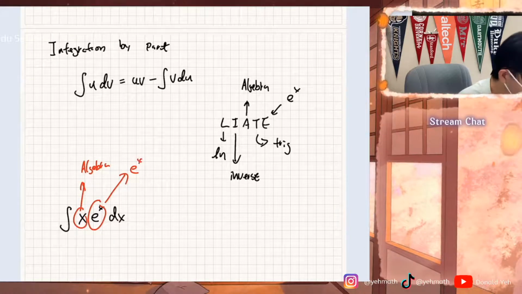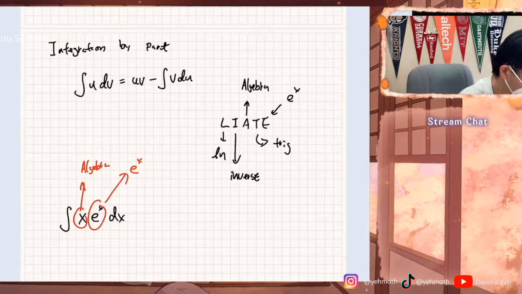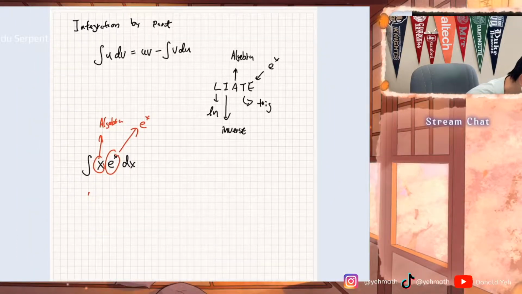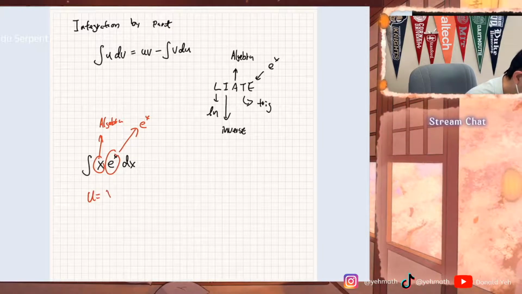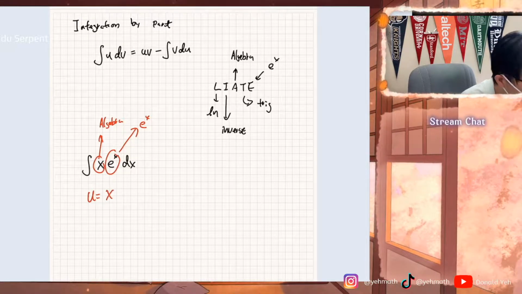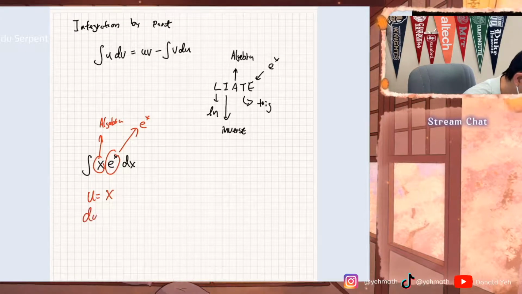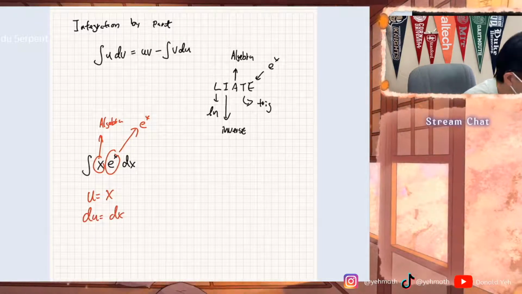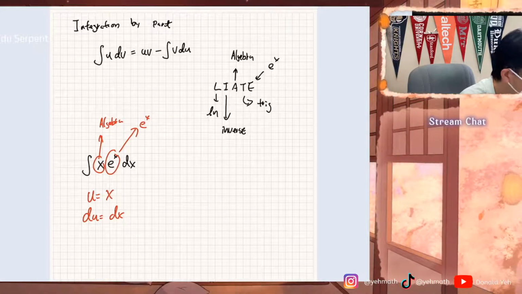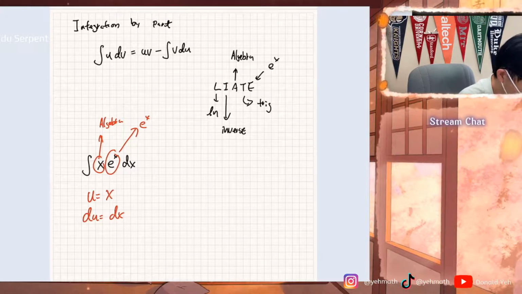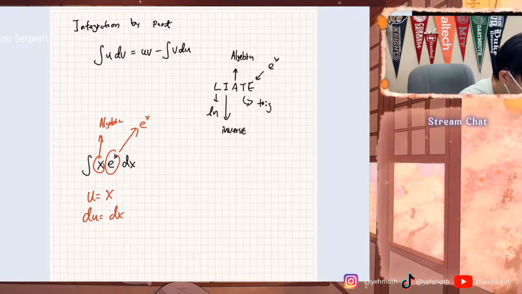We want algebra first, so you want to do u is equal to what? X. U equal to x. Now, what is du? Just dx. Does that make sense? U equal to x. Du is dx.